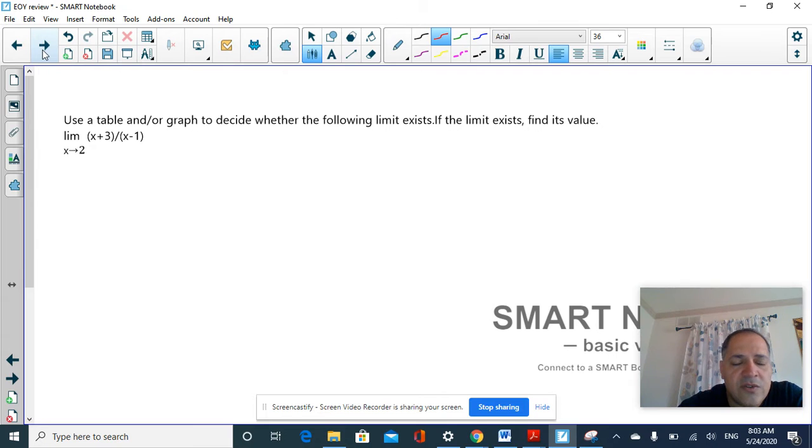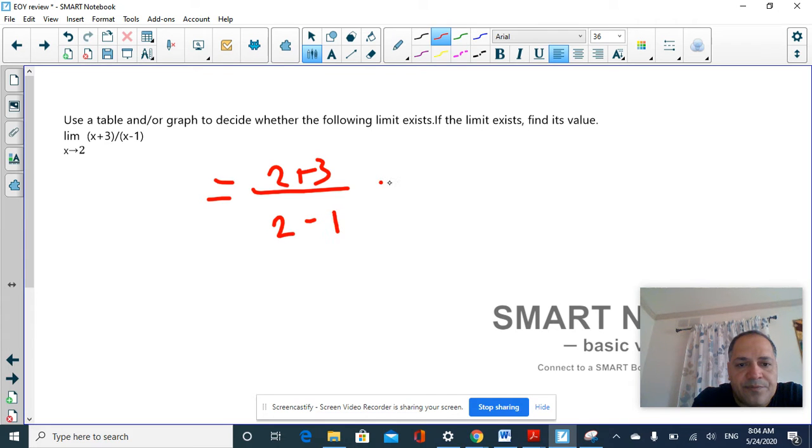Next, the question is also to find the limit by using a table or graph. It's up to you, but the easiest way is just plug in. If you plug in, x plus 3 over x minus 1 becomes 2 plus 3 over 2 minus 1, which is 5 over 1 equals 5.